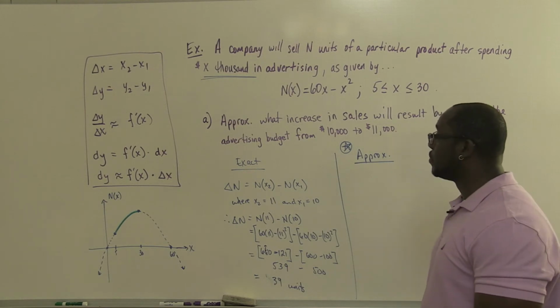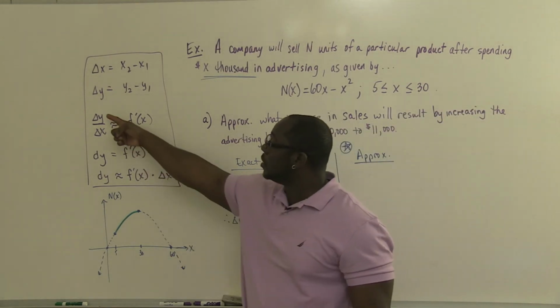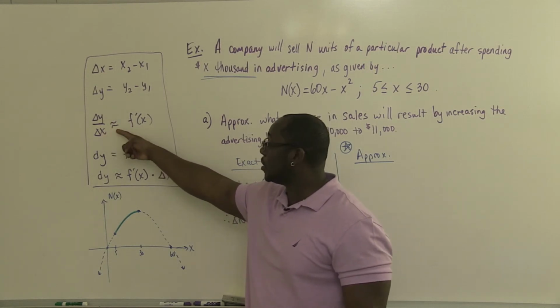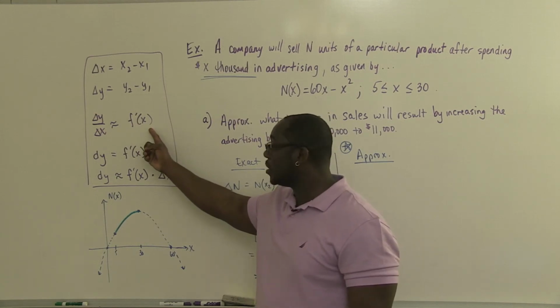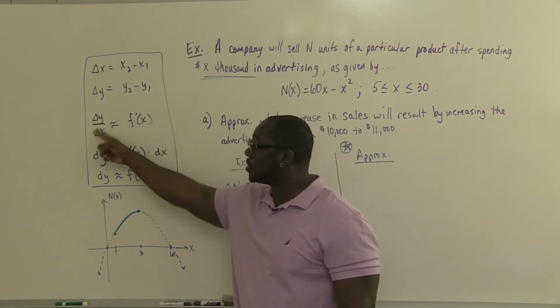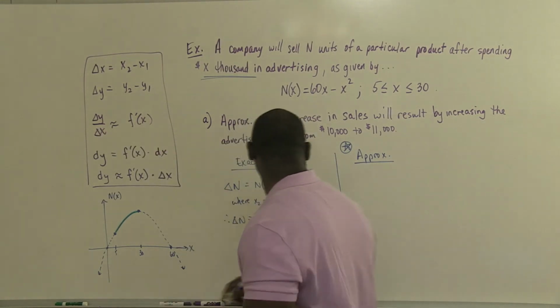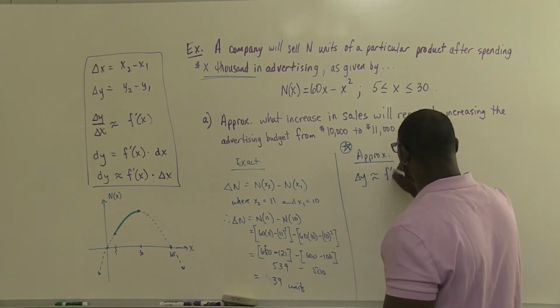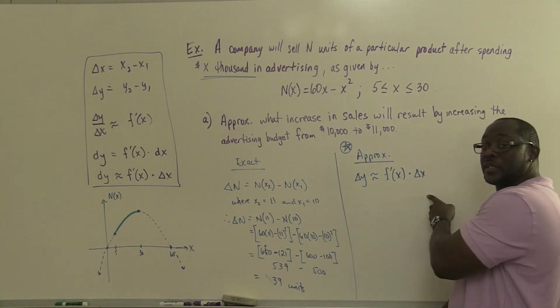So to approximate here, we see that if we take delta y divided by delta x, that approximately gives us the rate of change. If we multiply both sides by delta x, then delta y is approximately equal to f prime of x times delta x. And this is exactly what we want.